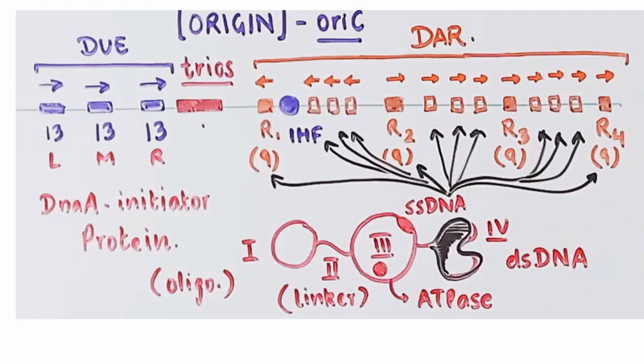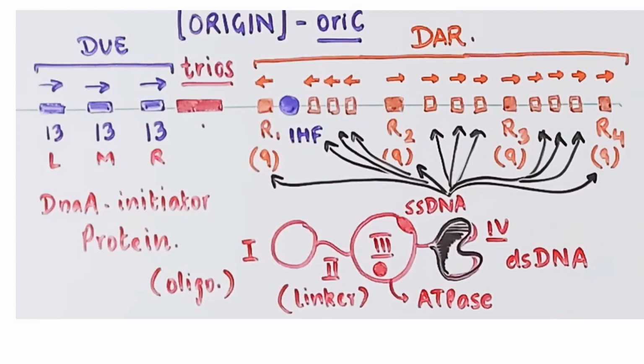In the proximity of the DUE region, there is a segment called the DnaA trios, as you can see here. Following the trios, we have regions called R1, R2, R3, and R4, which are 9 nucleotides in length. In between these regions, there are other 9 nucleotide long sequences which differ slightly from the main regions 1, 2, 3, and 4.